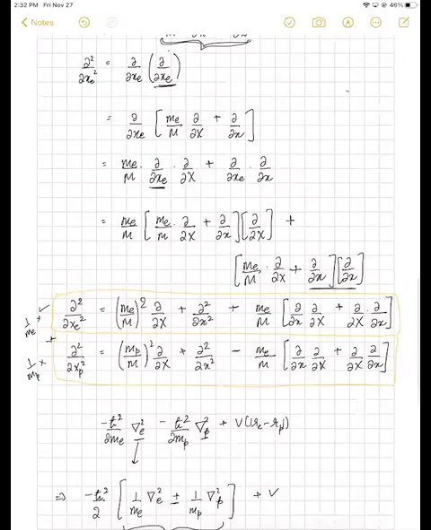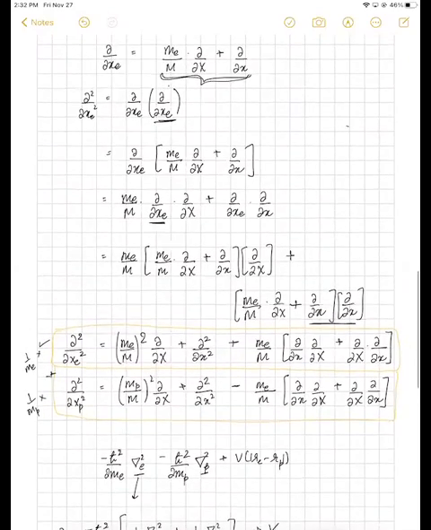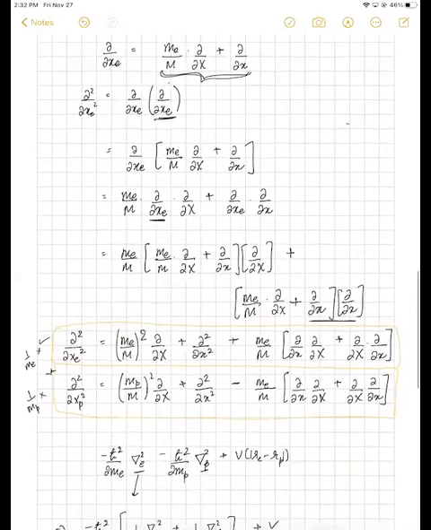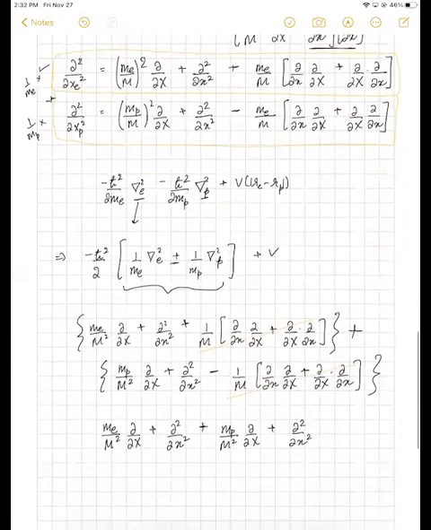Sorry, just trying to determine if I missed a term. I'm just cross-checking real quick. Yeah, looks like everything's all right so far.